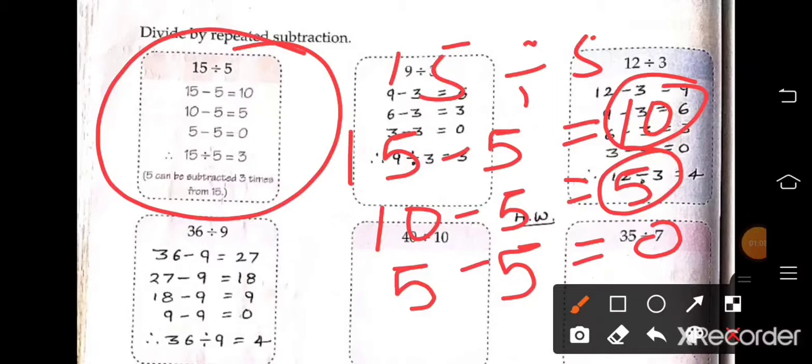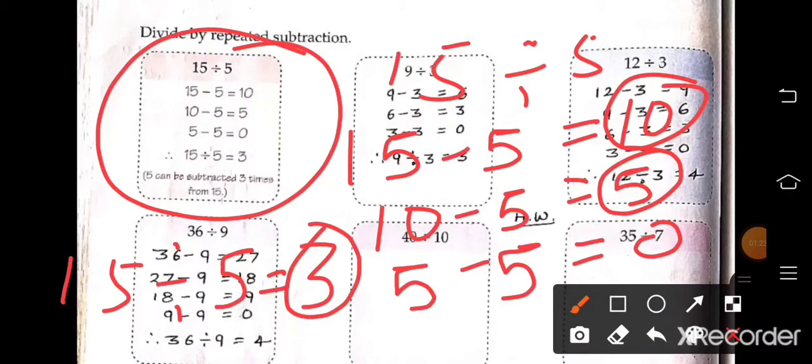Okay, so 5 can be subtracted 3 times from 15. So its answer will be 3. 15 divided by 5 equal to 3. Okay, 3 times, 1, 2, 3.